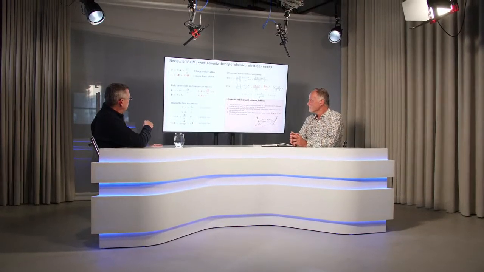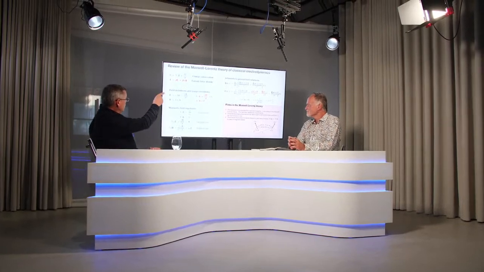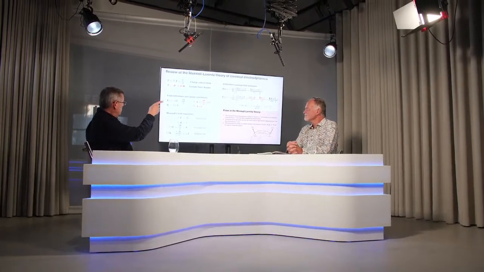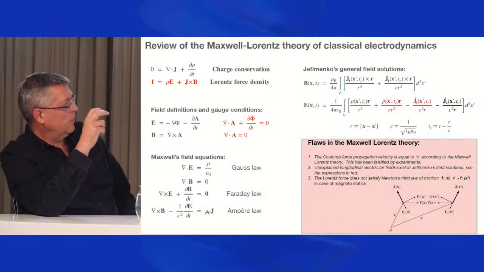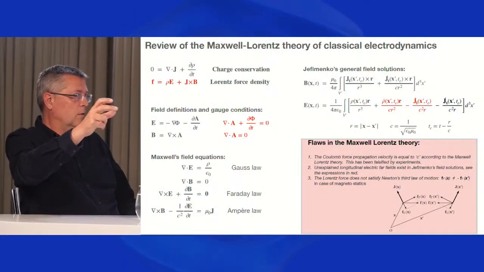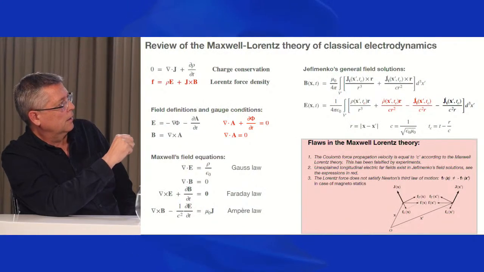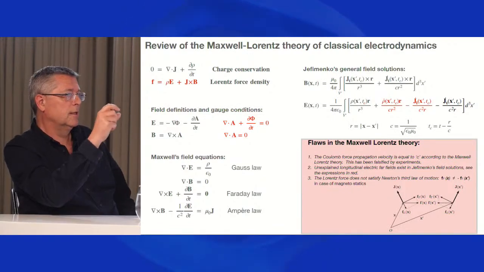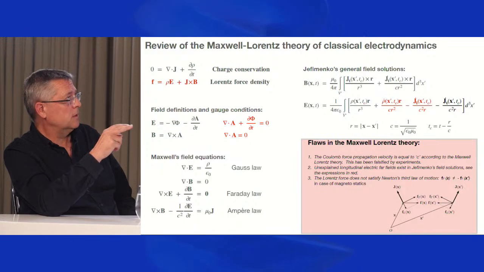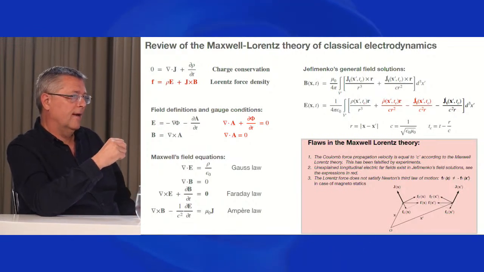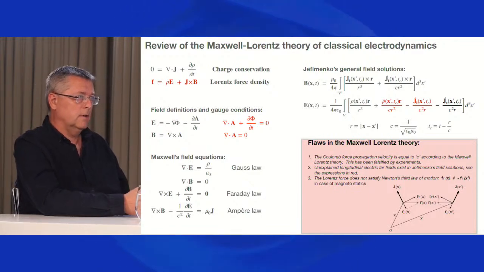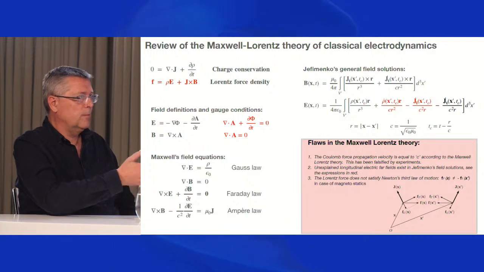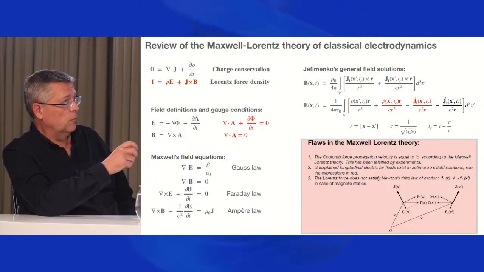But if we look at the Jefimenko field expression, which is to your right, the expression of E, and then a lot of terms behind it, the first term in the integral has t minus r/c. And that means that the Coulomb field has the velocity c of light, which is in clear disagreement with experiments. So that's a flaw.